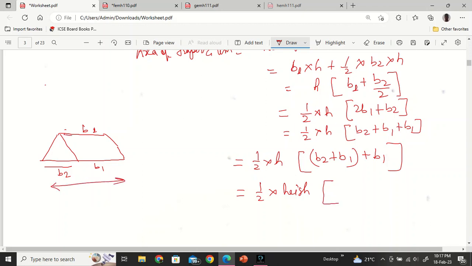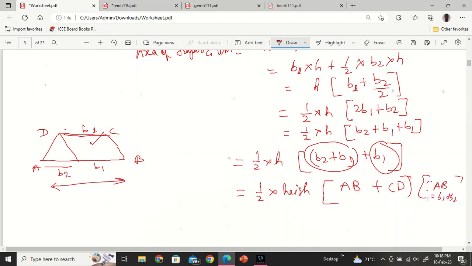This side is parallel to this side, so it is the sum of B1 and B2 plus B1, this is the base, AB plus CD, since AB is equal to B1 plus B2, okay. So 1 by 2 into sum of parallel sides into height.